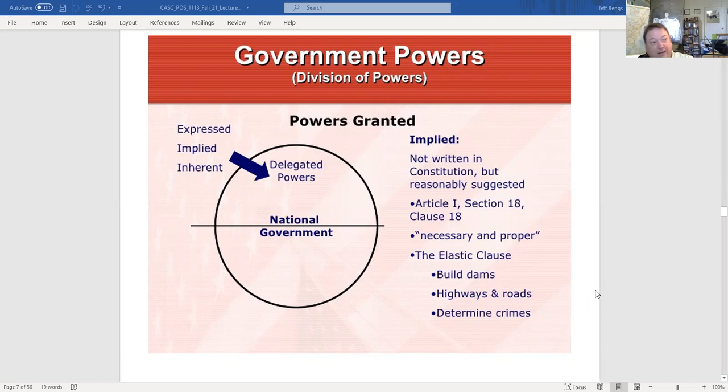Actually, that might be a part of another section. So you see how that can be elastic, how that can be flexible. It's really going to be in the eyes of those that are serving in the legislature, what they deem necessary and proper.